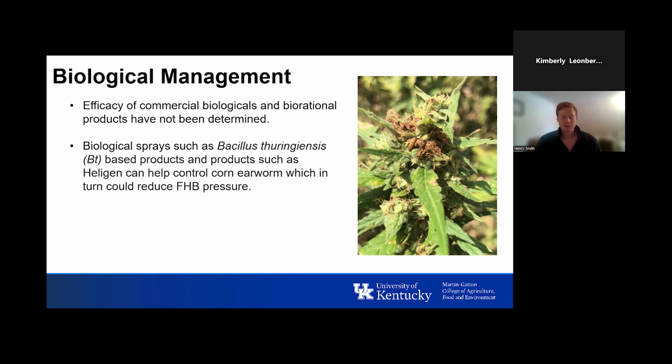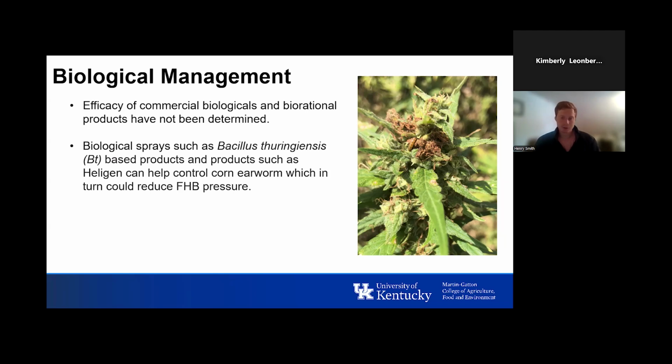But the efficacy of these commercial biologicals have not been determined when it comes to controlling Fusarium head blight of hemp yet. But there is some data out suggesting that these biologicals are effective at controlling corn earworm. So products such as BT-based or viral-based products such as Heligen can help control corn earworm, which in other pathosystems such as Fusarium ear rot of corn, controlling the insect pressure can also help control your Fusarium disease pressure.